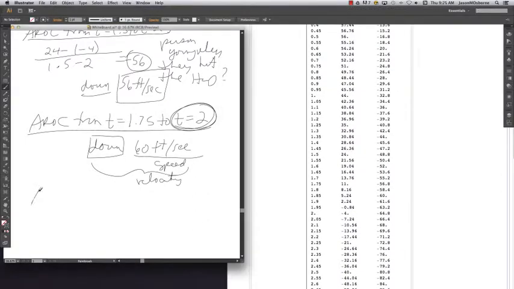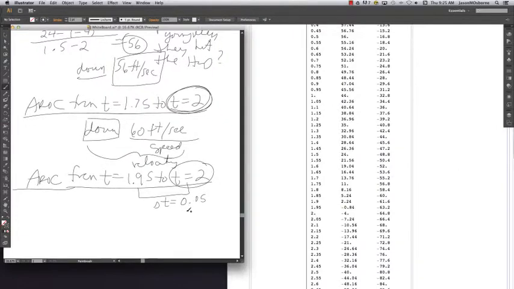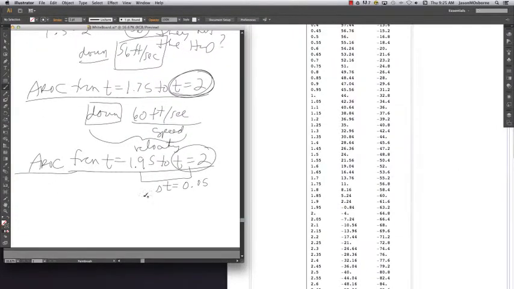Okay, so if we look at the average rate of change from t is equal to 1.95 to t is equal to 2. Again, we're interested in this 2, but to do an average rate of change, we need 2 times. And notice that the time spacing here, delta t, is equal to 0.05. So we're getting really close, the time spacing close together.